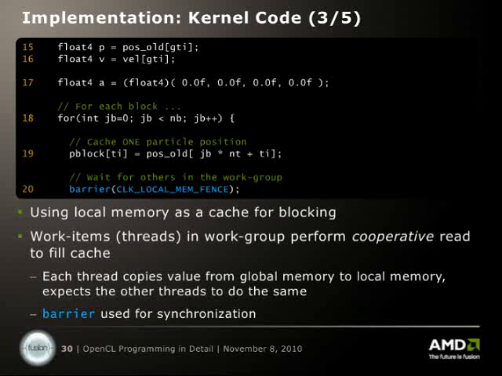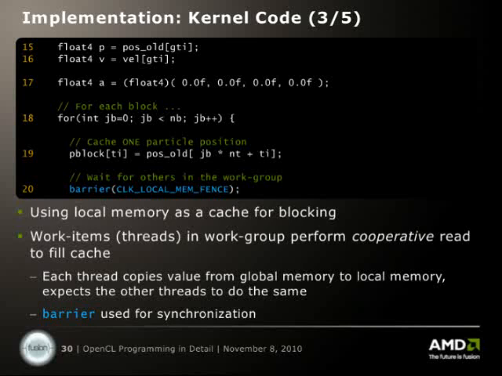Okay, so with line 15, we begin the actual calculation, the actual physics here. The first thing we do is read in the particle position and the particle velocity from our global arrays. One thing to note is that whereas in the C code there was this outer loop over I, you won't see that in the kernel code, because that outer loop is in some sense implicit, in that the kernel will be automatically executed for every particle in the system, swept over your index space.